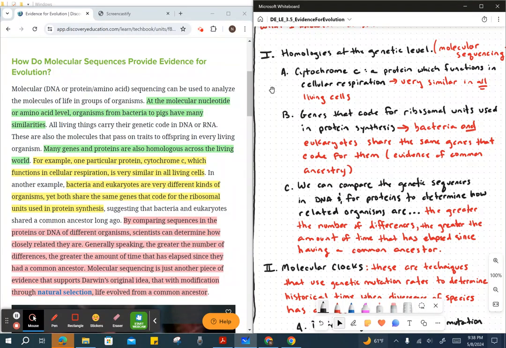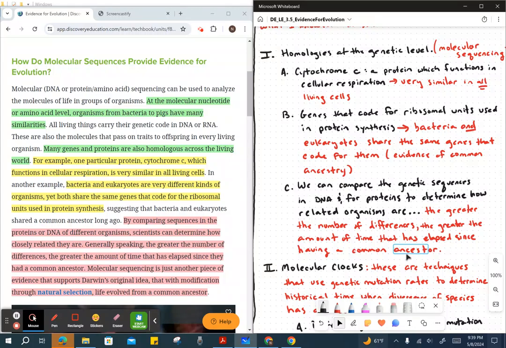The interesting thing here, I've got in red, the greater the number of differences, right? The greater the number of differences we're talking about in a gene, you've got all those A's, T's, C's and G's, the greater the amount of time that has elapsed since having a common ancestor. If you have only a few differences between you and another organism that you're comparing, then likely you're fairly closely related.